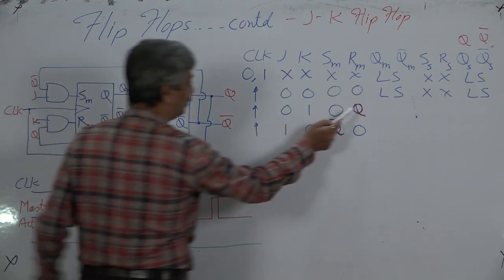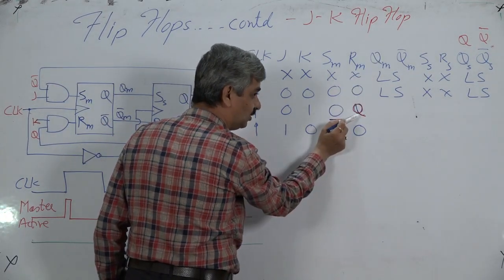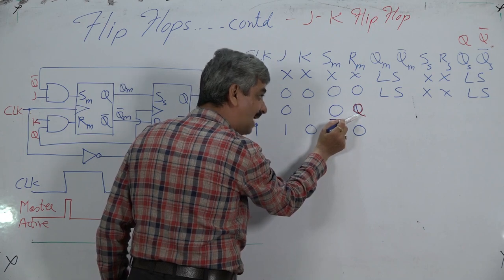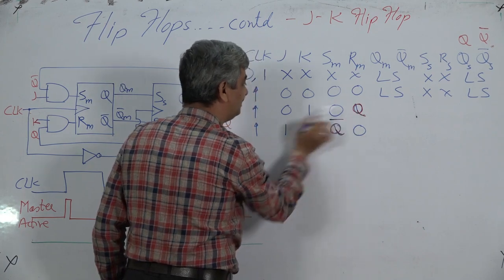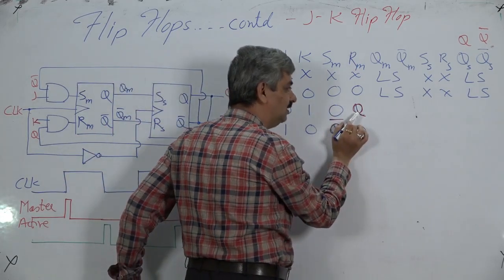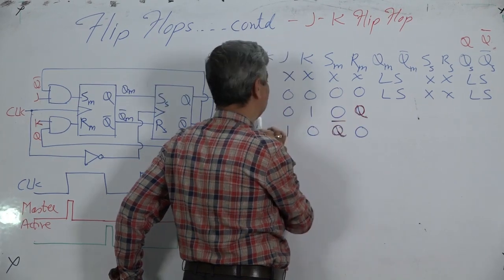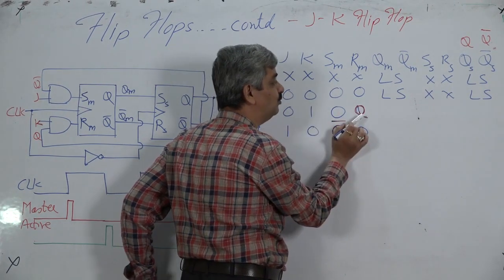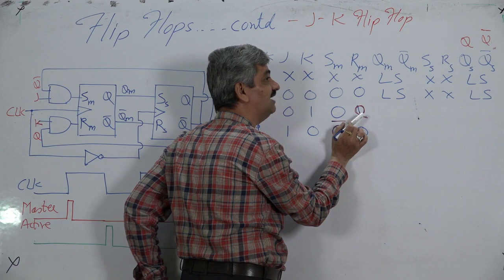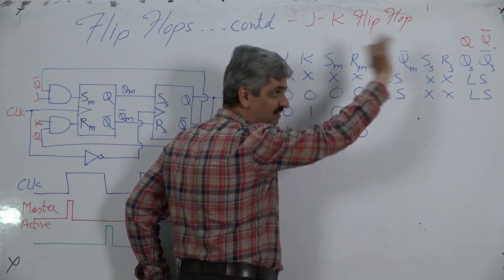So this Q means QM also. So this Q is last QM, but at the time of rising edge, last QM is here but not directly, because when rising edge occurs, it is output of slave which is current state of QM, but when it is going to change, it will not be coming back again.